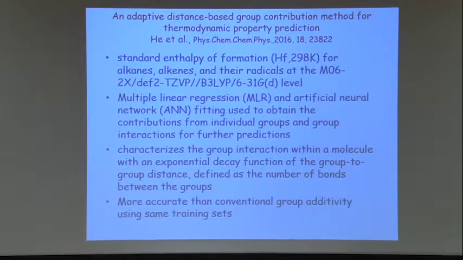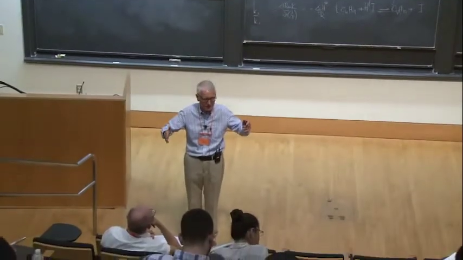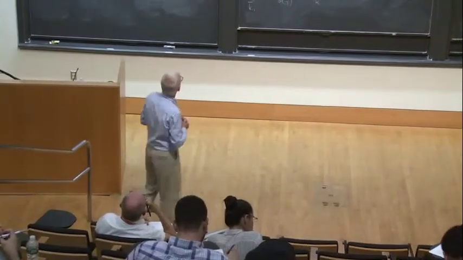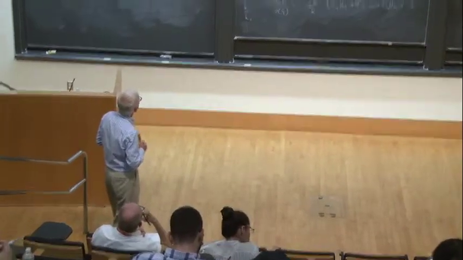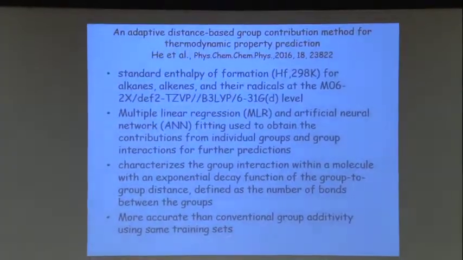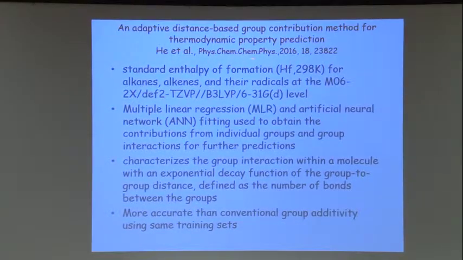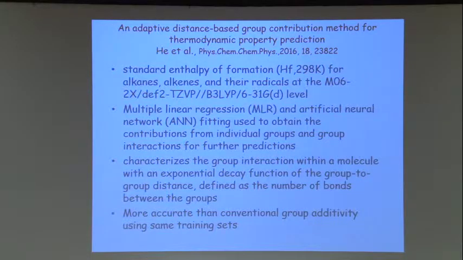So this is allowing for interaction, but saying the interaction from an energy point of view is going to decrease as you go along the molecule. And they claim that it's more accurate than conventional group additivity using the same training sets. So that's by He et al. from a couple of years ago, and worth looking at.